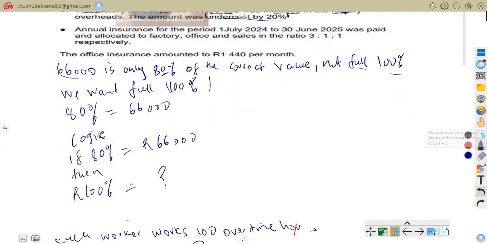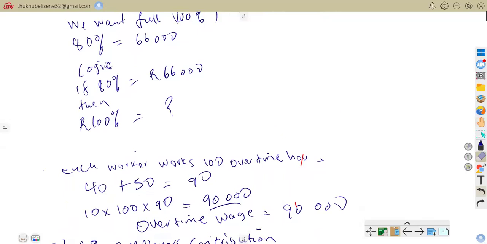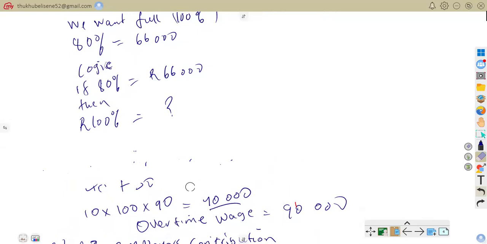So now let us see how we are going to get that. Let's quickly rub this information as it was for the first calculation that we did.